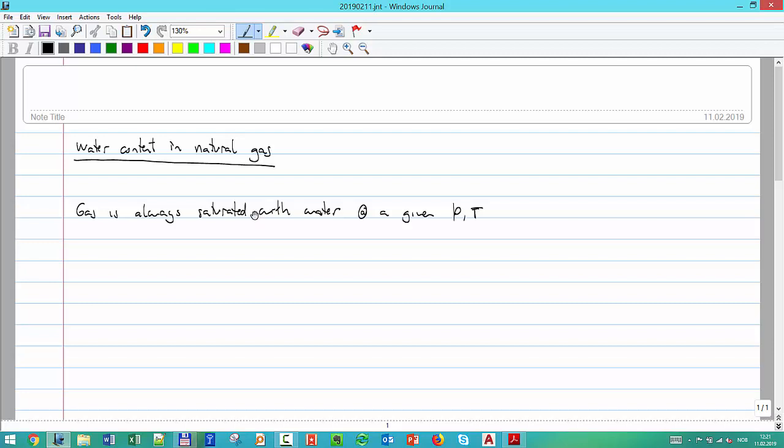And that is partly because gas is coming from the reservoir, and it's also coming from oil. But when it's coming from the reservoir, if we look at the rock, we know that many reservoir rocks are water wetted. That means that they have a layer of water wetting the rock, and they might even have some water saturation.